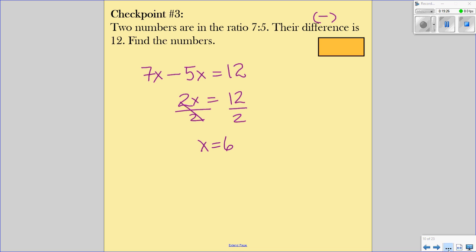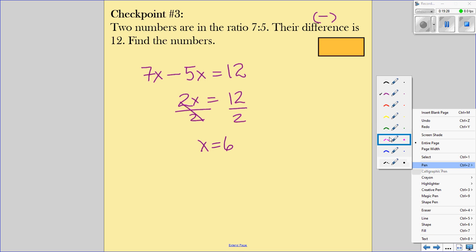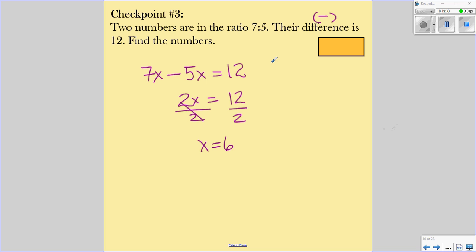But now you need to plug it back in and see what your numbers are based on the ratio 7 to 5. So that's 7 times 6, and then 5 times 6. So this will be 42, and then the other one will be 30. So if you were to subtract those two, you would get 12, and it's in proportion.